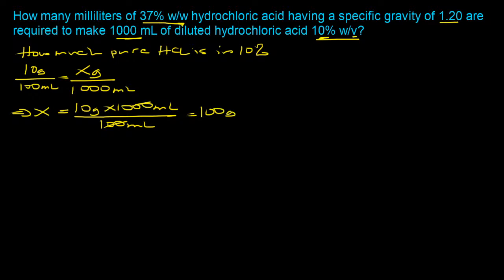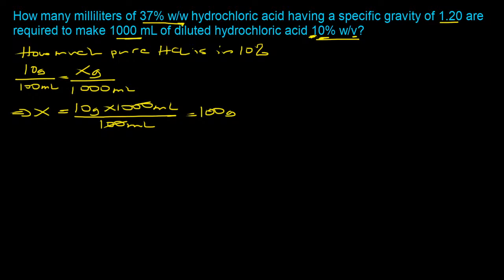So this 100 grams represents the amount of pure HCl that is present in the 1,000 ml of the 10% solution.